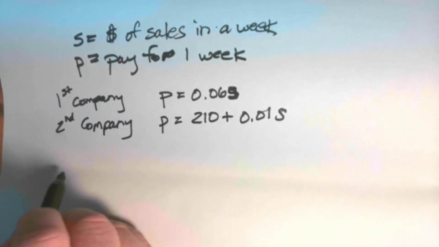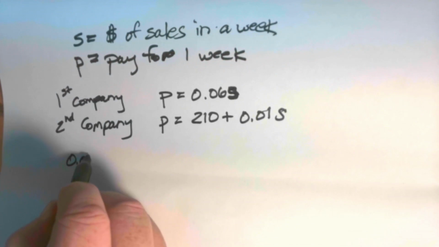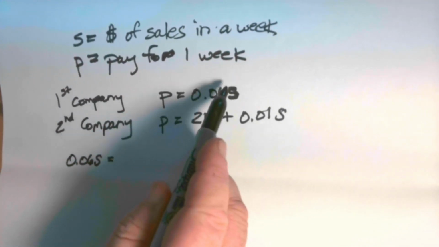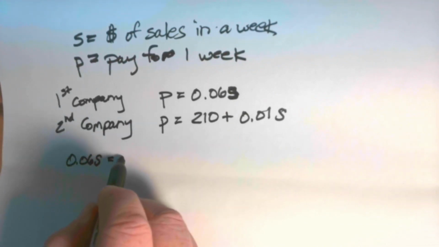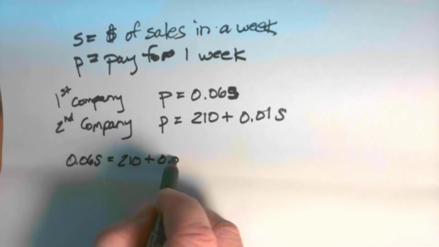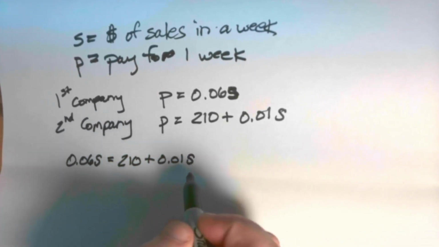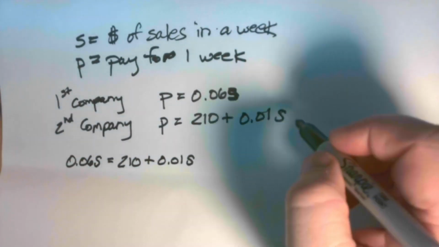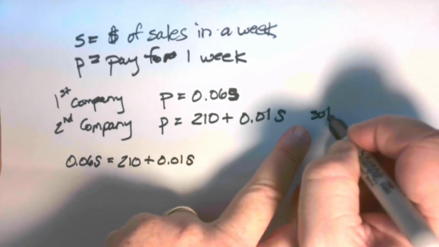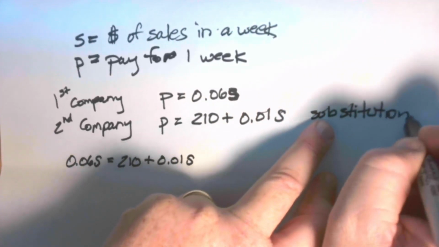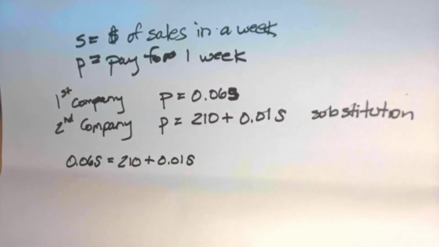So I'm going to say 0.06 S is equal to, that's my P, P is equal to $210 a week plus 0.01 S. Okay, so this is how I can solve this using substitution.